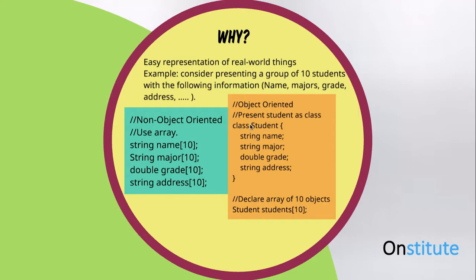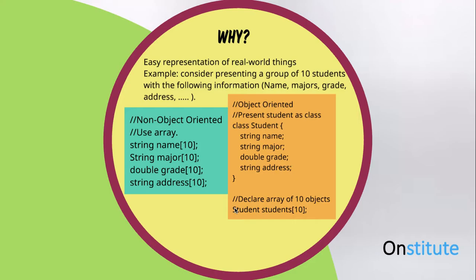Inside the class called student, I have encapsulated the student's name, the student's major, the student's grade, and the address. And after encapsulating that, using the C++ syntax, it is possible to make an array of this student type.